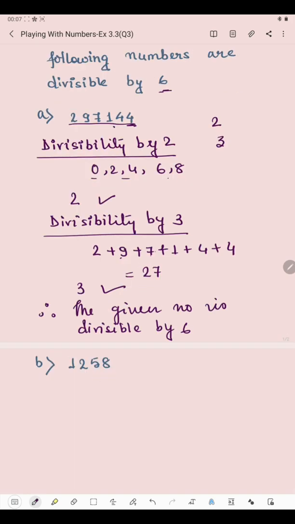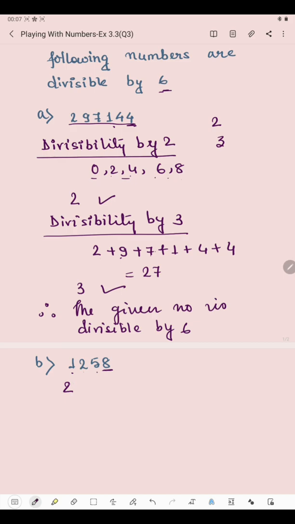Now in the next part we have 1, 2, 5, 8. Again we will check the divisibility by 2 first, and if the last digit is an even number, that means 0, 2, 4, 6, 8, then it will be divisible by 2. So we can see that it is divisible by 2.